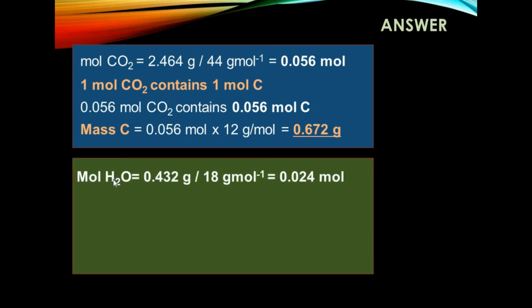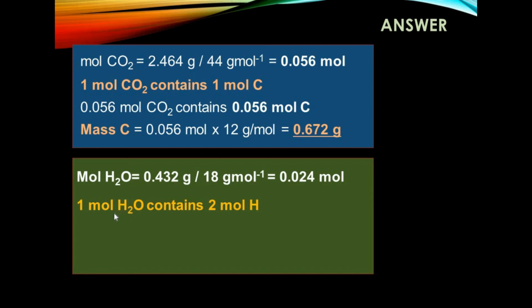Next, we find hydrogen. So find the mole of H2O. Mass of H2O is 0.432 divided by molar mass of H2O, 18 gram per mole. So we get 0.024 mole. And we can see 1 mole of H2O contains 2 mole of hydrogen.